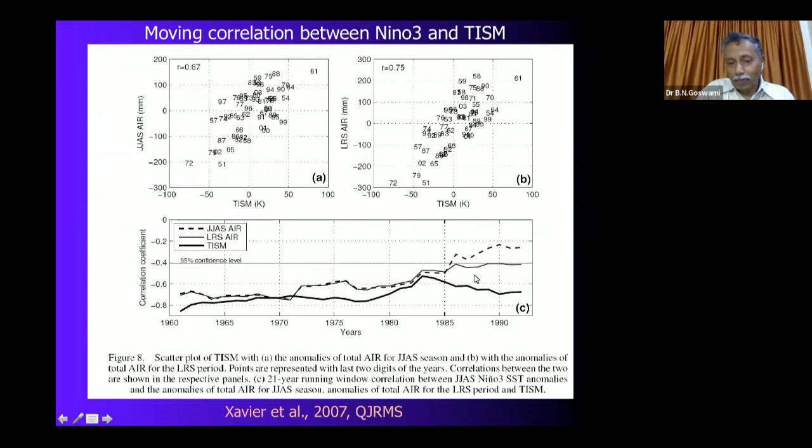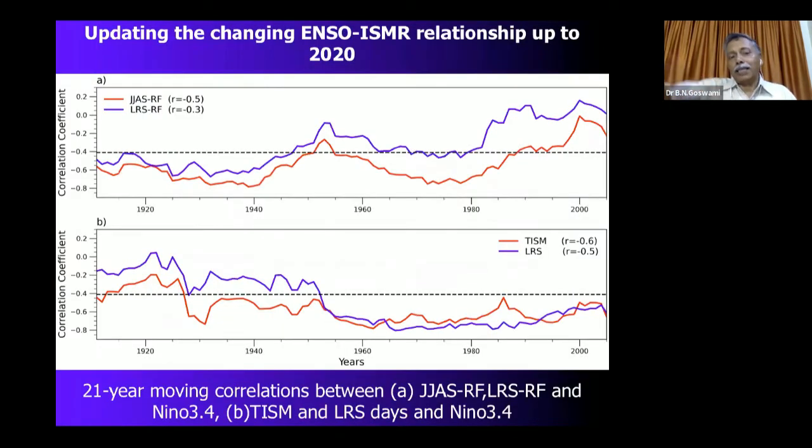We have extended this to recent years, and my colleague just did these calculations, and we find that this tropospheric temperature relationship is very stable and very strong. That is largely affected by El Nino, as well as maybe the North Atlantic SST. So this combined effect of El Nino and North Atlantic SST keeps the relationship very strong.